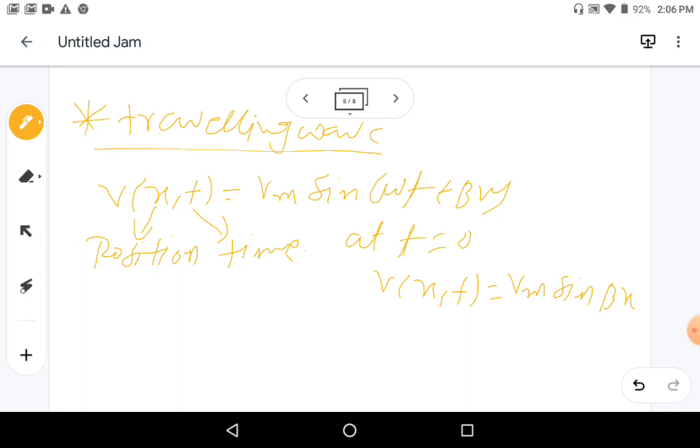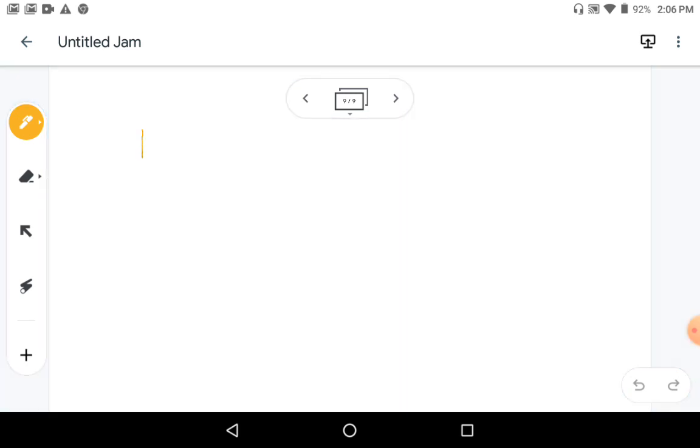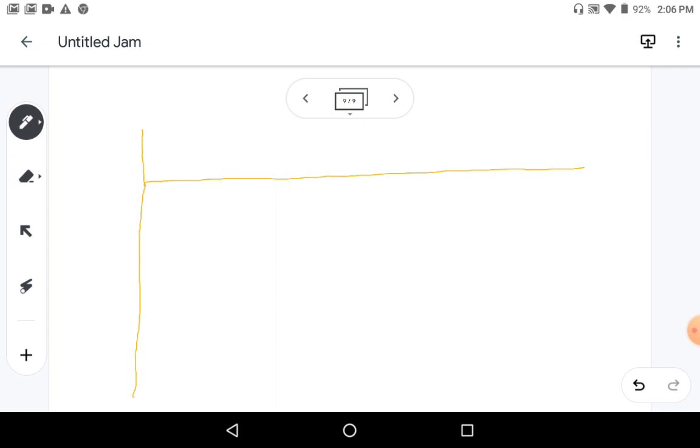If you draw the curve of v of x,t, it is like that. This curve is Vm sin beta x, with peak Vm.